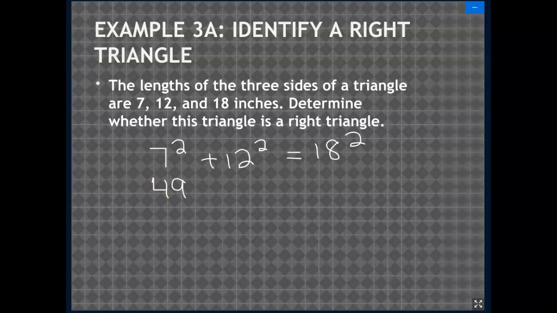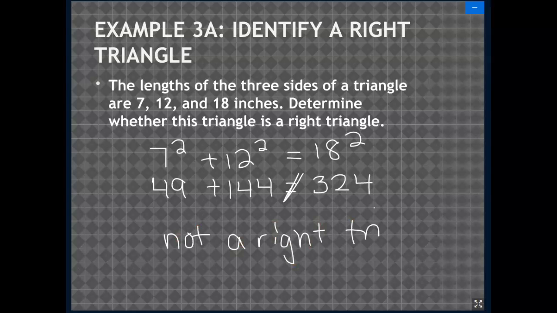Is 49 plus 144 equal to 18 squared, which is 324? And the answer is no. They're not equal, so it's not a right triangle. What that means is it could be a triangle, it's just not a triangle with a 90-degree angle.